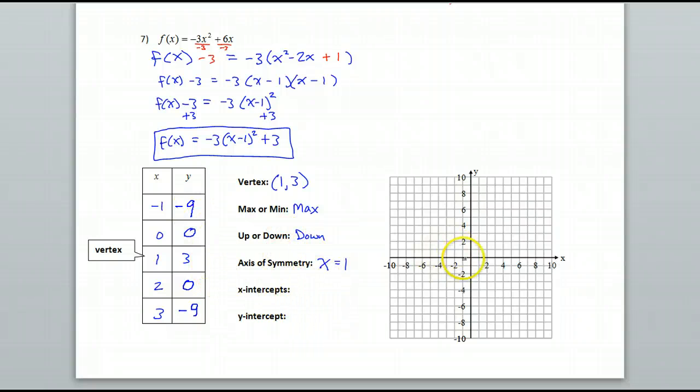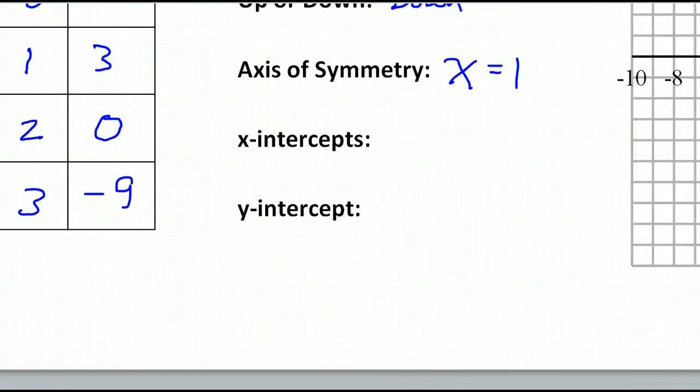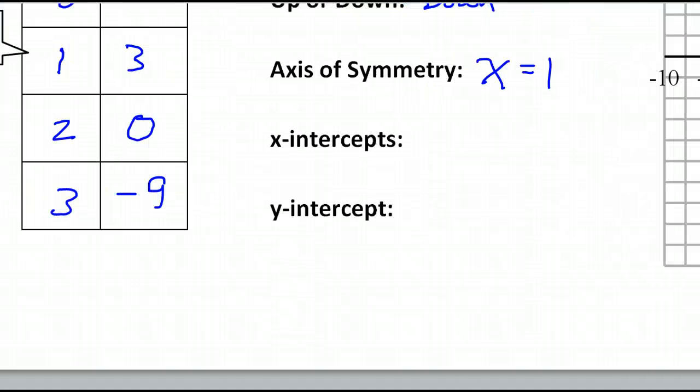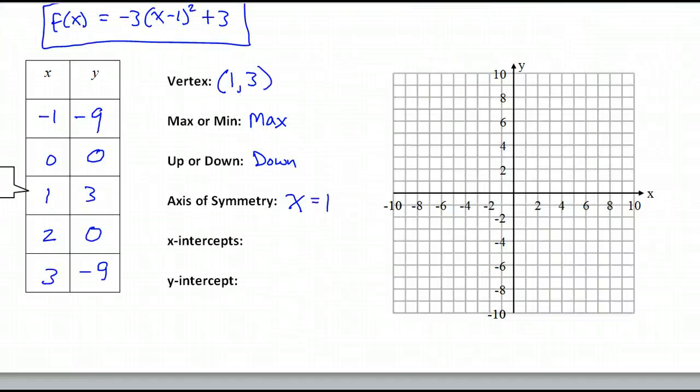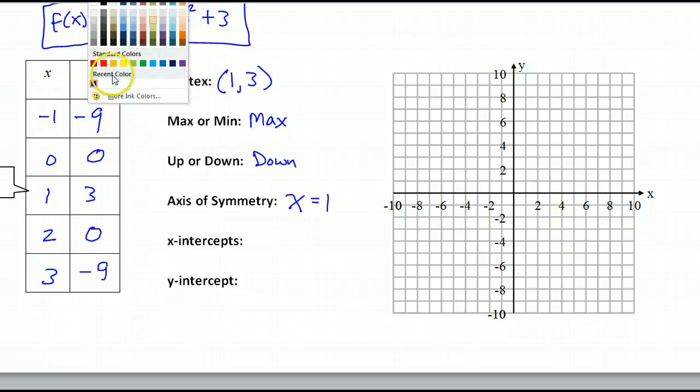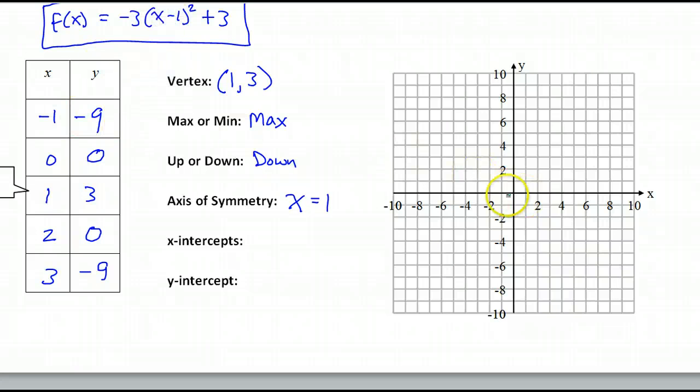So let's graph it up and see what happens. We've got -1, -9. Man, I want to zoom in again. Whoa. Did I go too far? Compromise. Okay. -1, -9. So that's like here. 0, 0. This is the quiz. 1, 3.